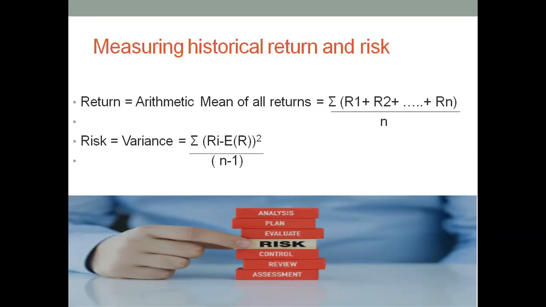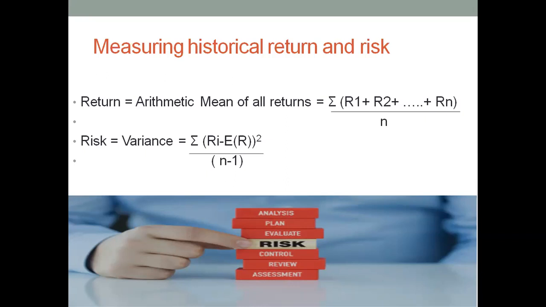R2 is the rate of return in the second month, R3 in the third month, and like this, the 12th month we get R12, divided by n. n is the number of years or number of months. Here, if we are considering the months, it will be 12. So that is the arithmetic mean of all returns, and we get the historical return.